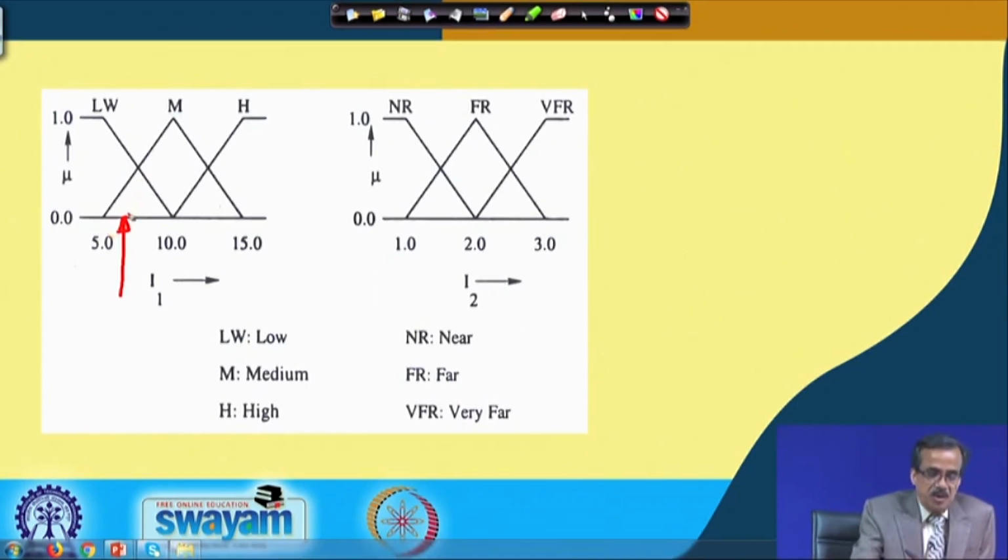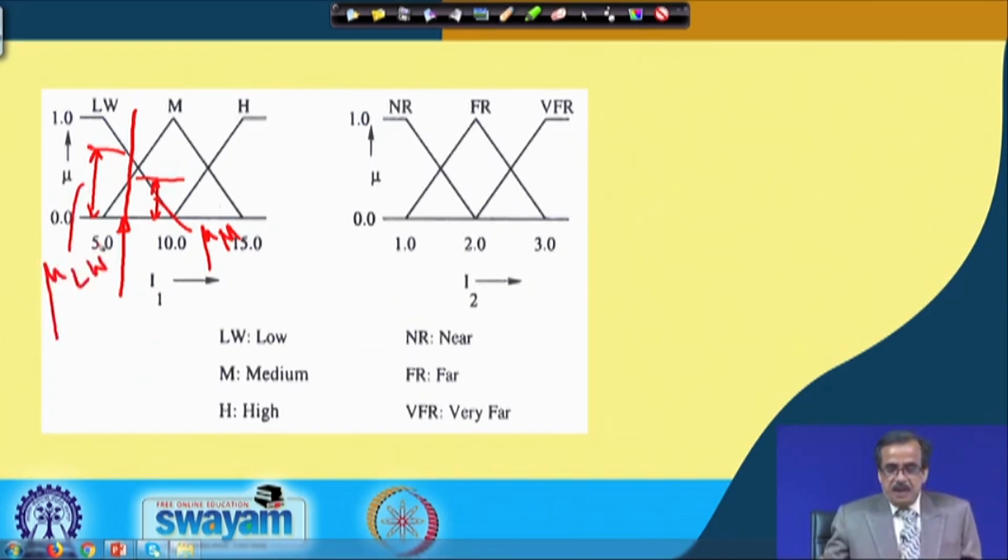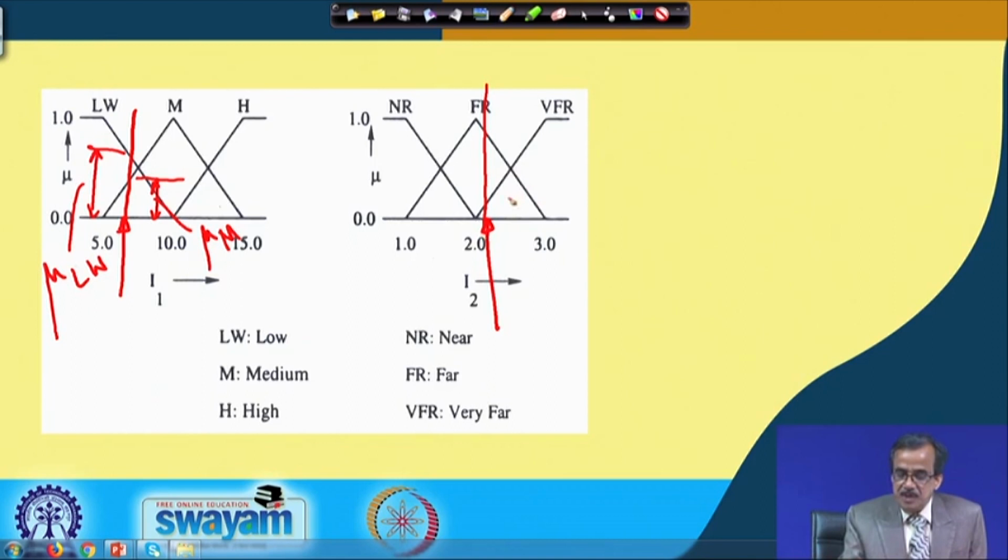Now, 6.0 can be called medium with some membership function value, and it can also be called low with another membership function value. So, it is called medium with this much membership function value, say mu medium, and this can be called low with another membership function value, and this is nothing but mu low. Similarly, for 2.2, this value of I 2 is 2.2, and corresponding to this I can find out the membership function value.